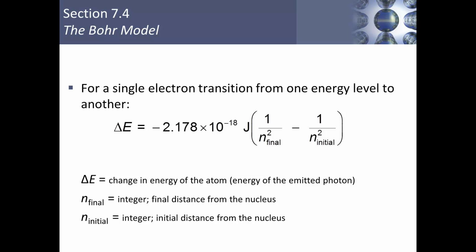The delta E here is the change in energy of the atom, or the energy of the emitted photon. N final is an integer, which is the final distance from the nucleus, and n initial is an integer, which represents the initial distance from the nucleus.